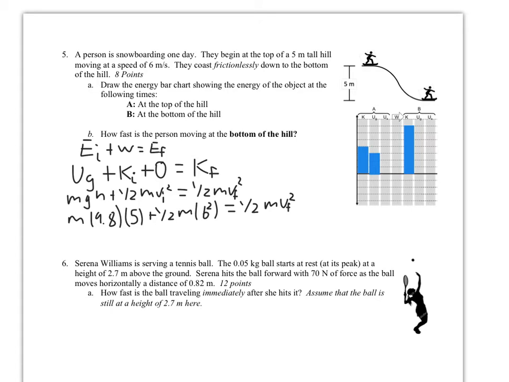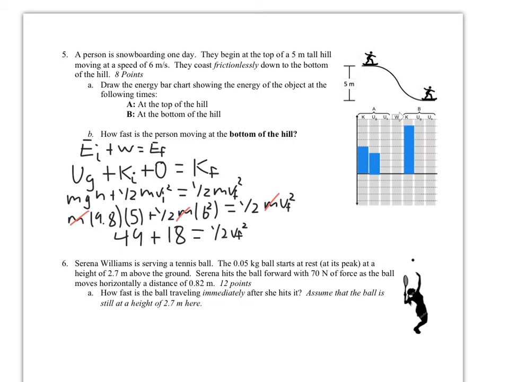Notice I'm not filling in the masses because I don't actually know them, but once I get to this step, I see that I have mass in every single term, so that all will divide out, and what I'm left with is 49 plus 18 is going to be equal to 1/2 vf squared.